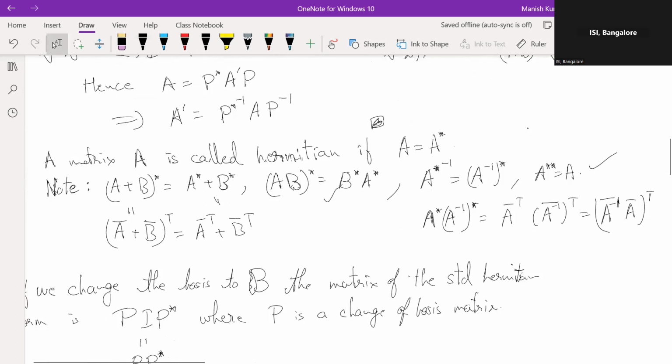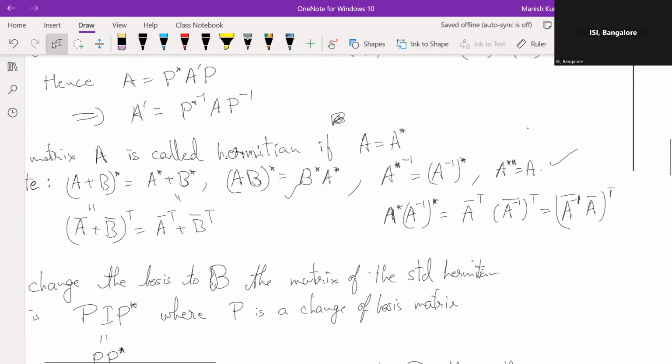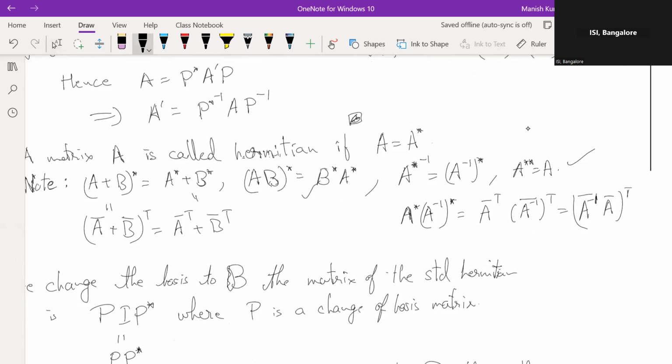And then this is the same as, first taking bar and then multiplying is the same as first multiplying and then taking bar. So it is A inverse times A bar, and then transpose.